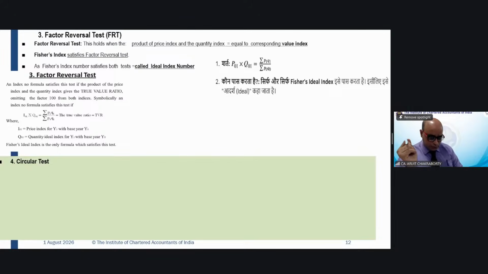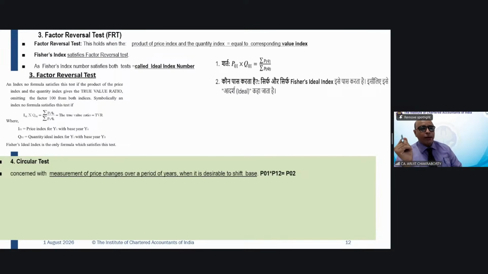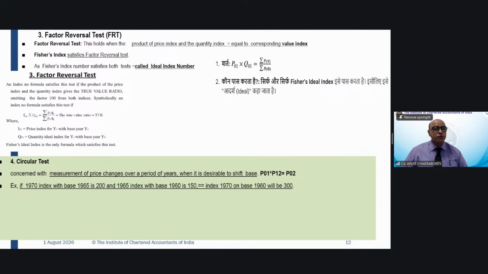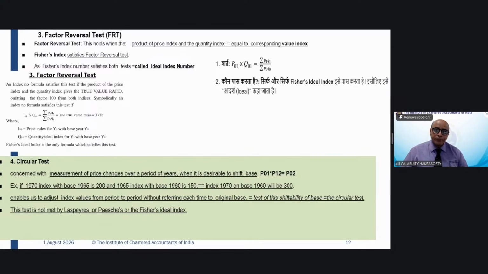So circular test ये कहता है P01 multiplied by P12 should be equal to P02. Conversely, we can also write this as P01 into P12 into P20 should be equal to 1. Agar ye hota hai, then we will say that there is a circular test.